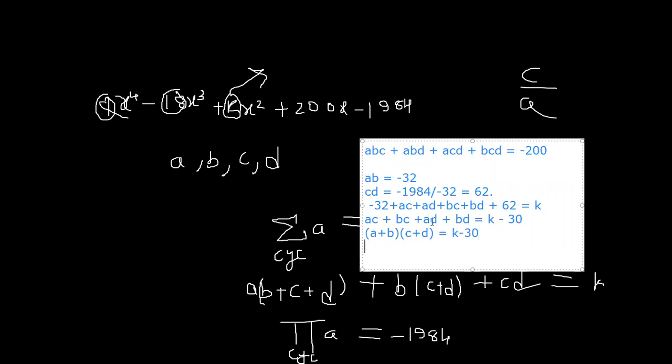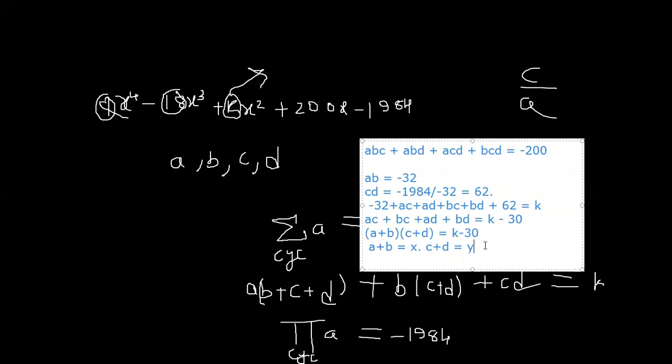Now you have to make a substitution in this case. Let a plus b equal to x and c plus d equal to y. So why am I making a substitution? Because you may not make the substitution, but it will get complex from this part. So I shall take it as one variable.